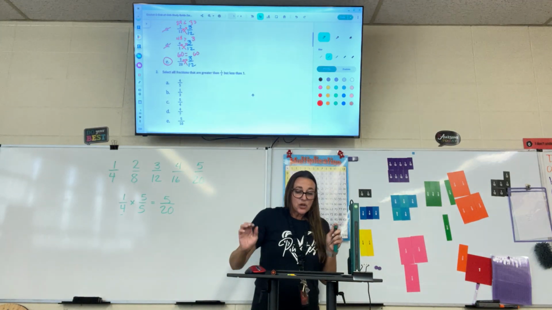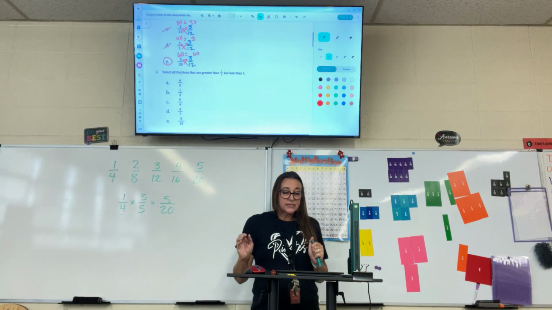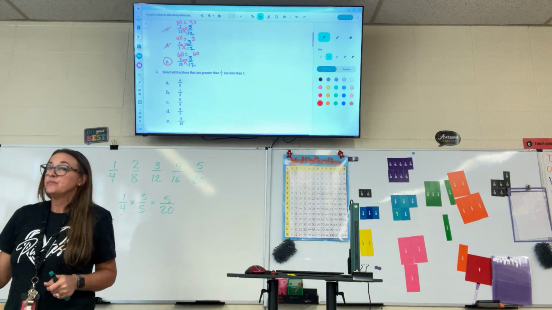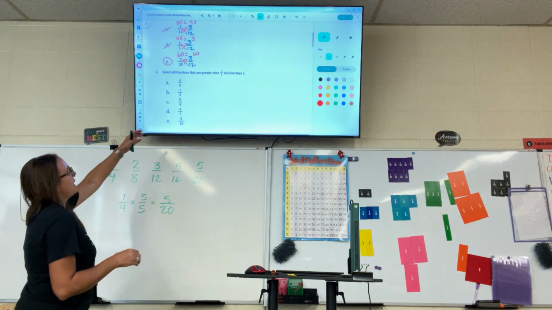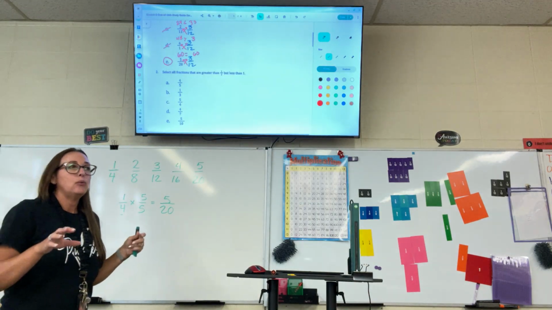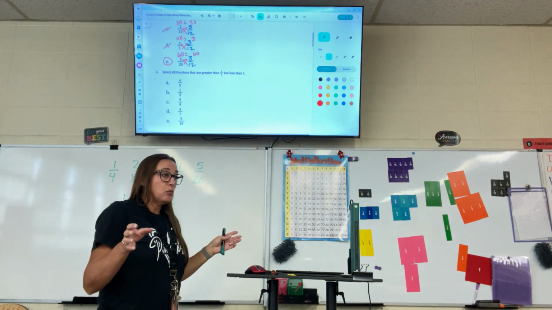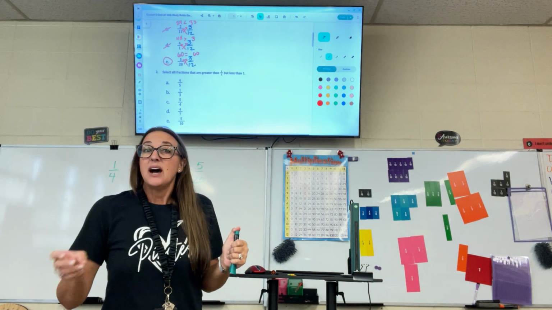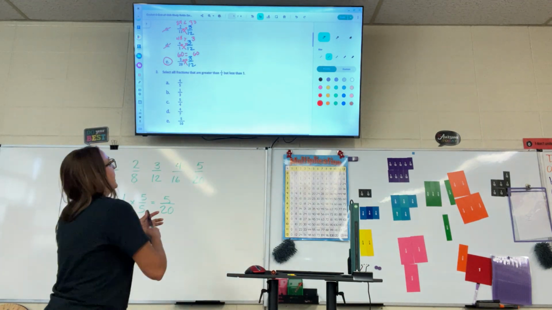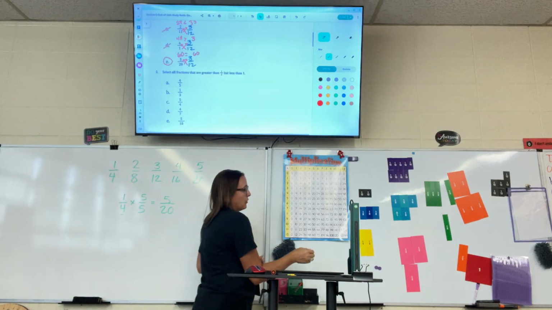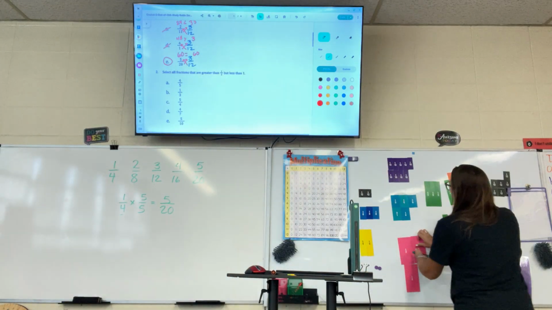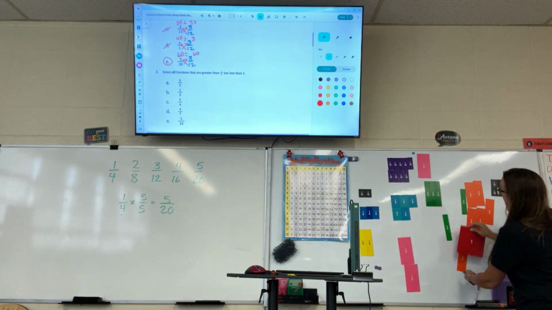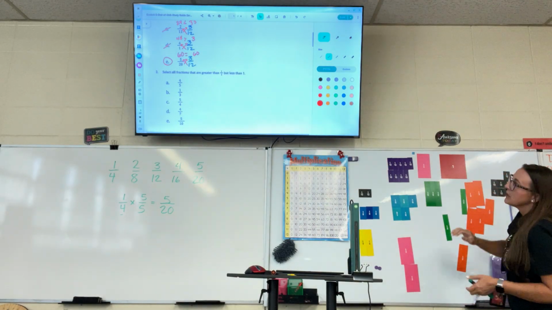Next, it says select all fractions that are greater than half but less than 1 whole. So when I have a list of fractions like this, I know I need to get rid of the ones that are bigger than 1 whole, and I start looking for those right away. So we're looking for a fraction that is bigger than 1/2, but smaller than 1.